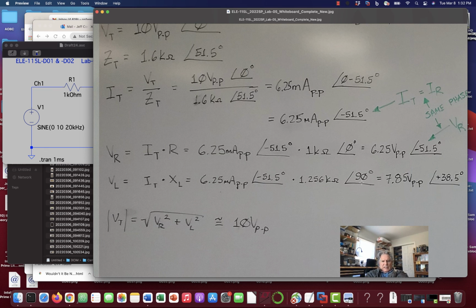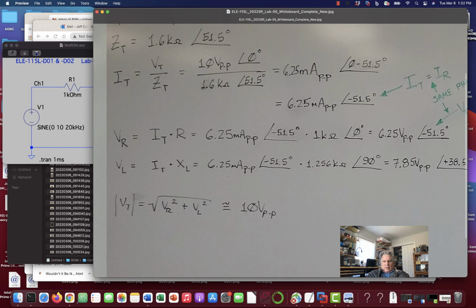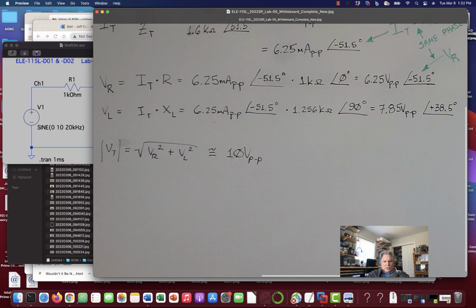The plus 90 just goes to show you that the current and voltage in a reactor, that is in an inductive reactance or in a capacitive reactance, are 90 degrees out of phase. And we'll talk about that more.